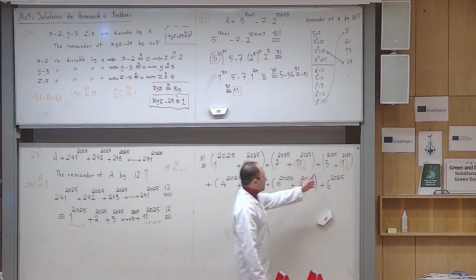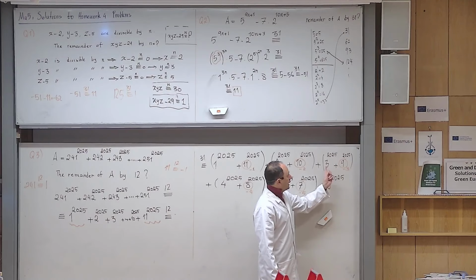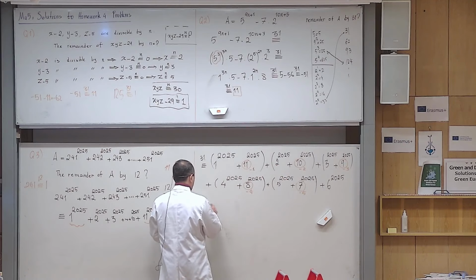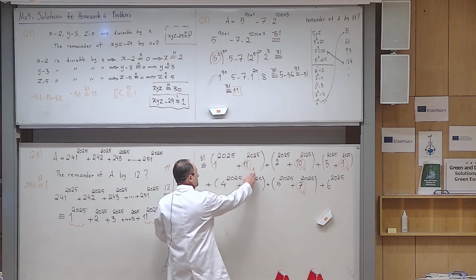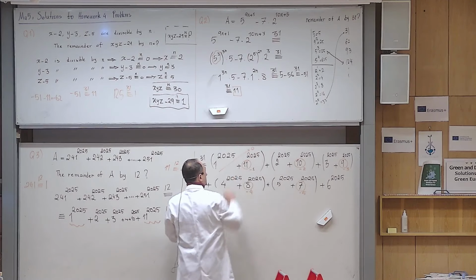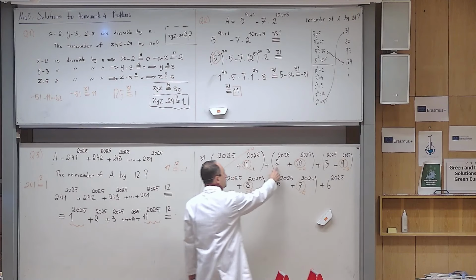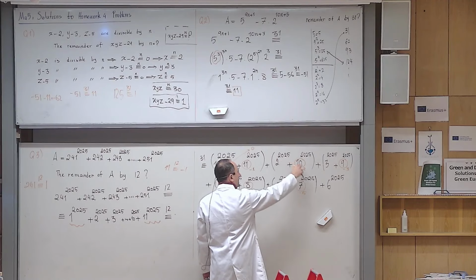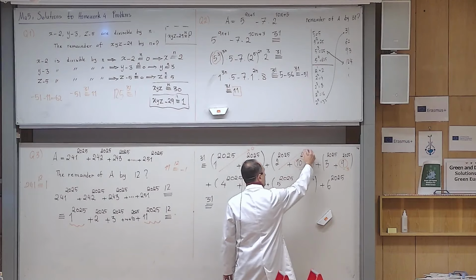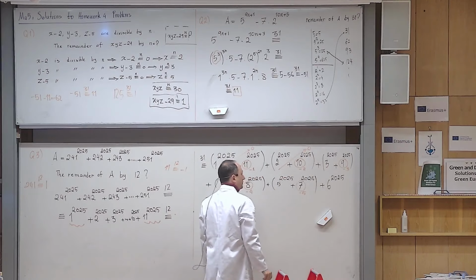And again, minus 3 to this power and this 3 to power, they cancel one another. Yes? So what happens? It becomes what? 31 minus 1 to power 2025, and this one, it is 0. 2 to this number and minus 2 to this number, they are opposite to one another because 2025 is odd.